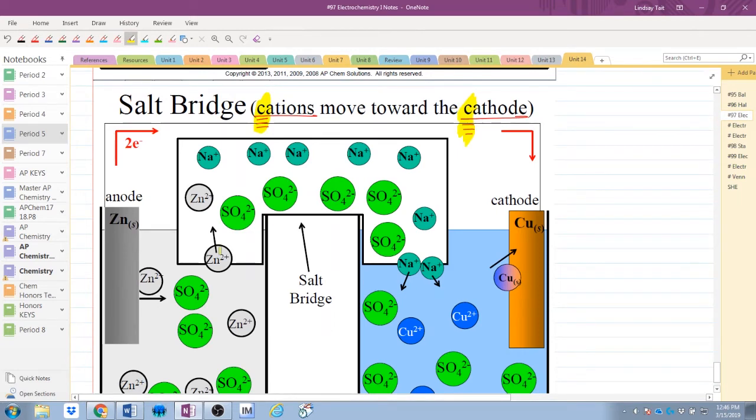And notice here, they actually can start pulling zinc ions. So even though it looks like it's delivering sodium ions to start, the zinc ions will be sucked up into your salt bridge should they need to be delivered there to maintain the neutrality. If you've exhausted all of your sodiums, then you might actually start pulling zincs as well. That could deplete your battery faster if you don't have a high enough concentration of sodium ions.